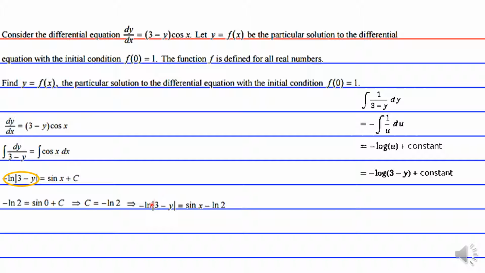But now we also want to get rid of this absolute value sign because it's kind of tricky. Because our initial condition says that y of 0 equals 1, y is therefore less than 3. That is, 1 is less than 3, or f of 0 is less than 3.